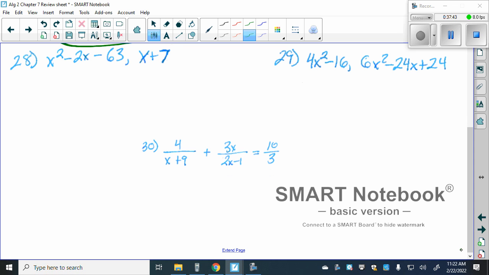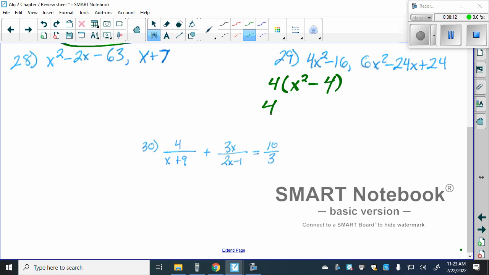Now we'll look at 29. And again, for 29, we do need to look for greatest common factors. Well, 4x squared minus 16 does have a greatest common factor of 4, which would leave us with an x squared minus 4. Now, 4x squared minus 16 is a difference of perfect squares, but we do need to pull the 4 out first.